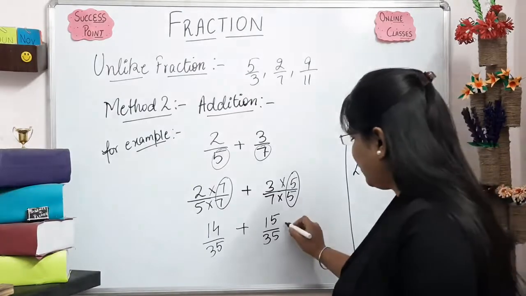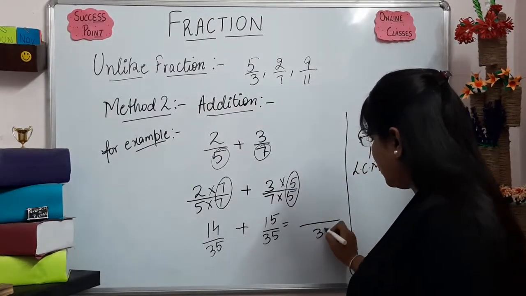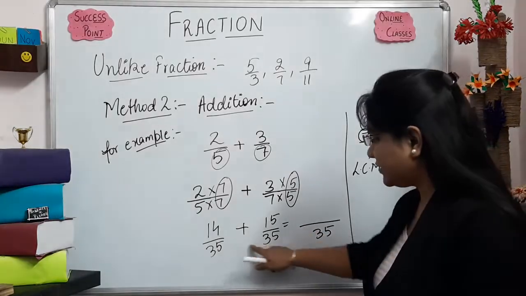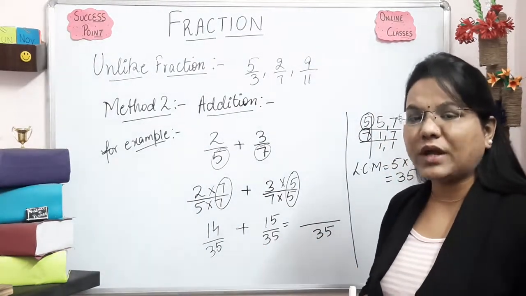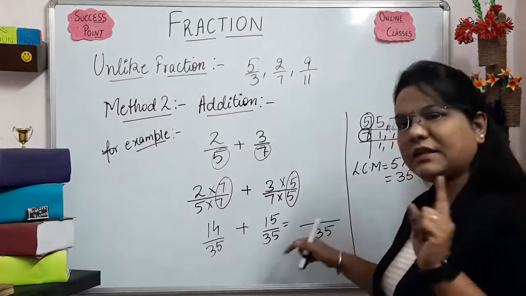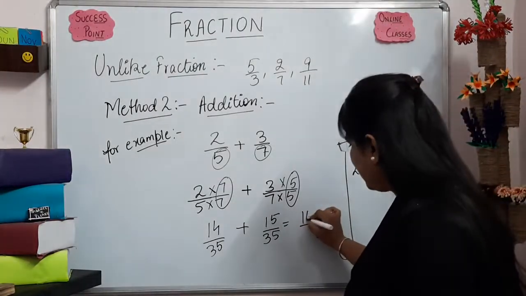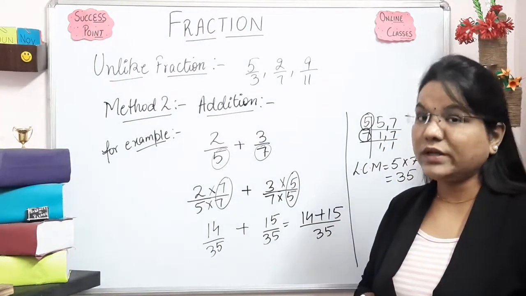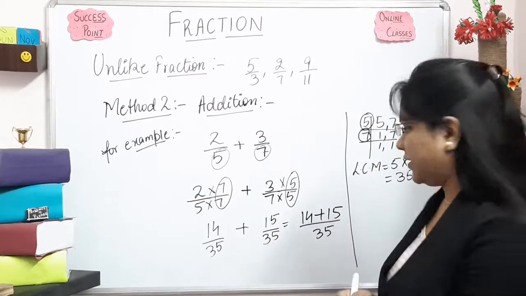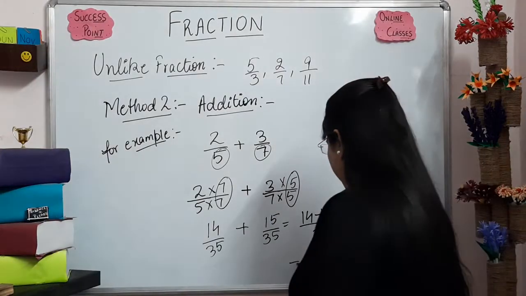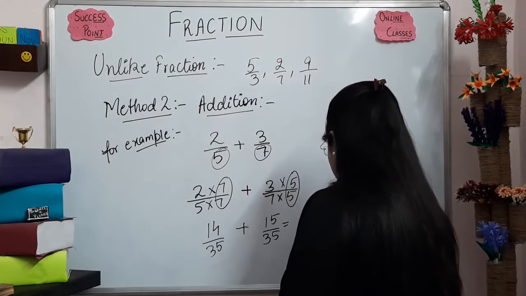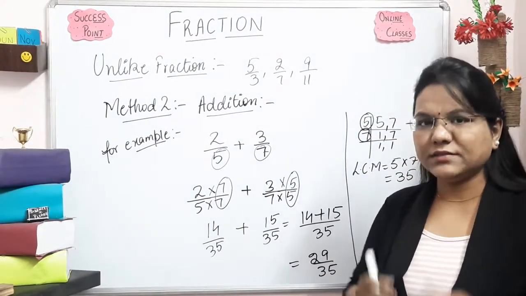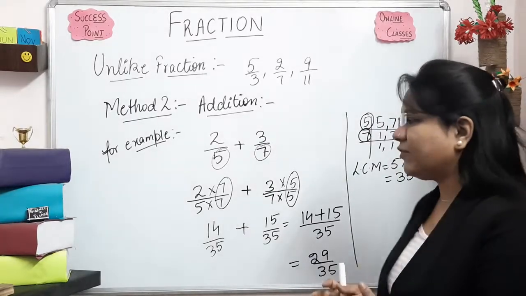Now we have to write the denominator only once, as we did in like fractions. So 35 we will write only once, and 14 plus 15. What is 14 plus 15? Correct. The answer will be 29 by 35. Okay, done now? The same concept we will follow for subtraction.